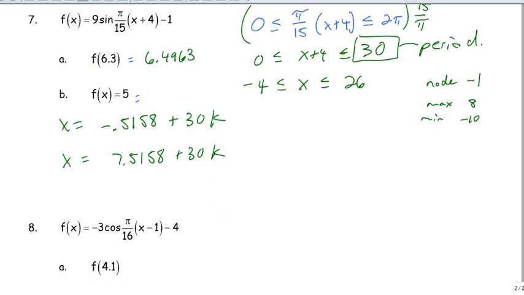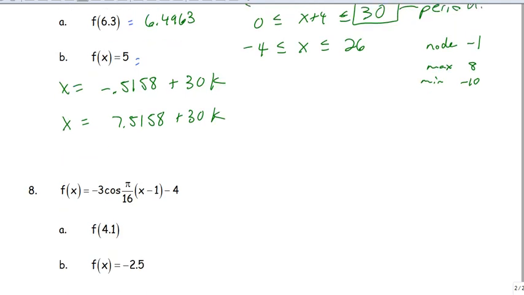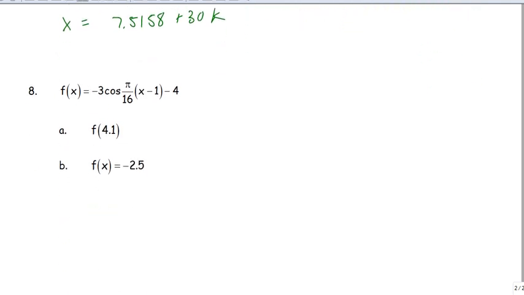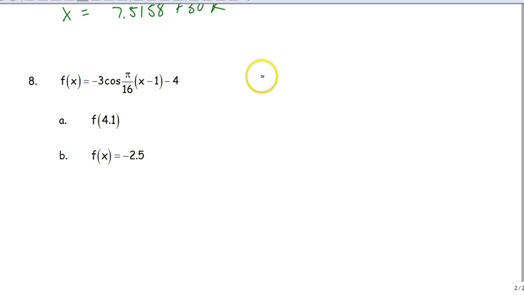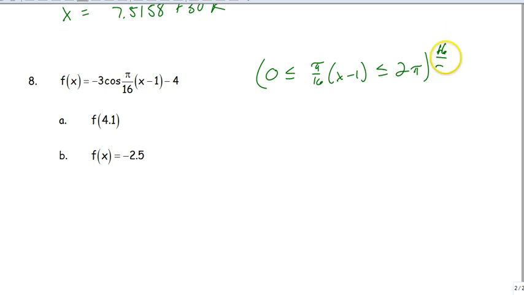One more to go. We have a negative cosine curve. Again, I'm going to do the middle part first. Normally, cosine is from 0 to 2 pi. If I multiply everything by 16 over pi to get rid of that, you get 0 to 32 for x minus 1. 2 times 16 is 32, and the pi goes away.